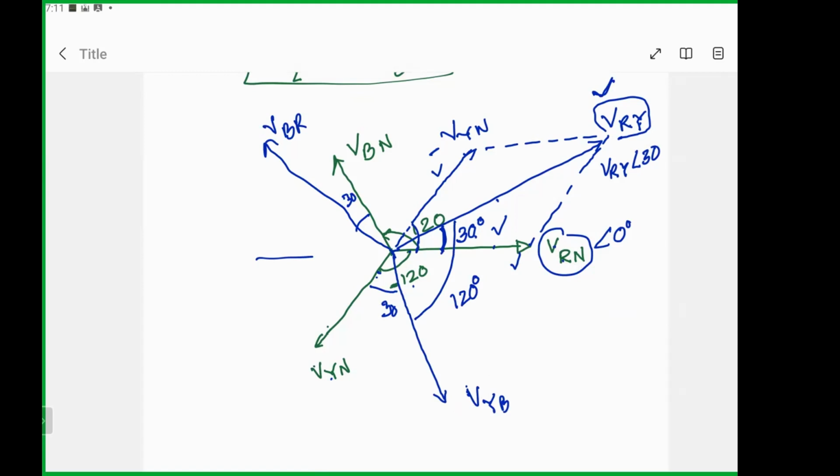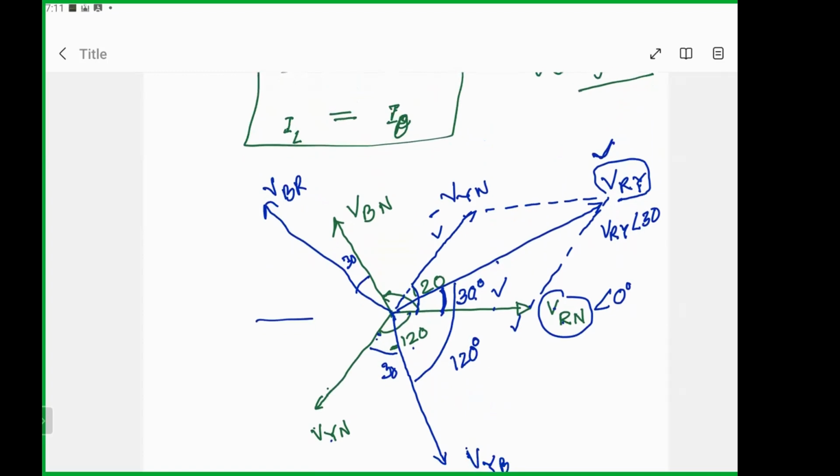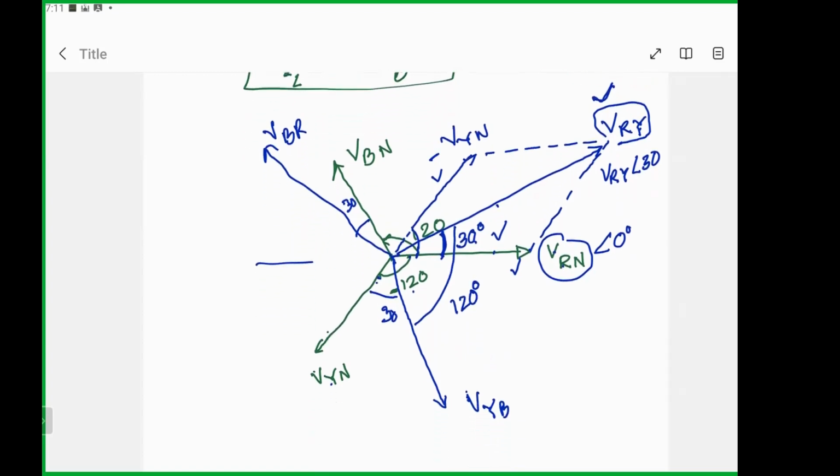You don't need to derive, but just remember the relation, how we can find the relation between the line voltage and the phase voltage. Any question or anything? Because we need to understand this one, we will do a lot of numericals with this. No question?